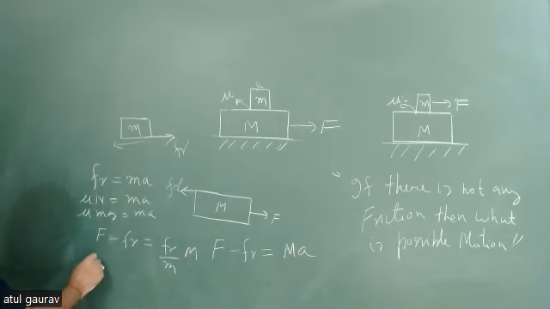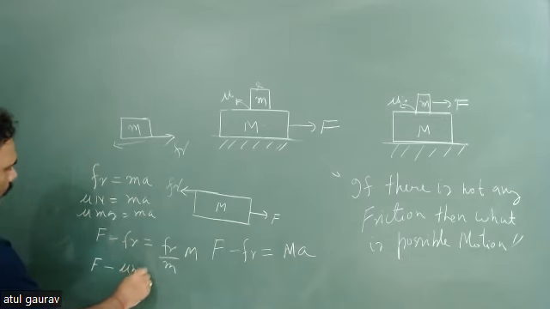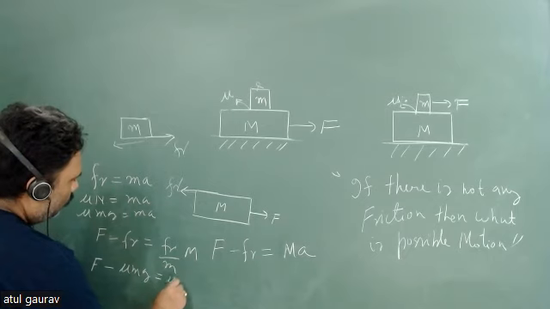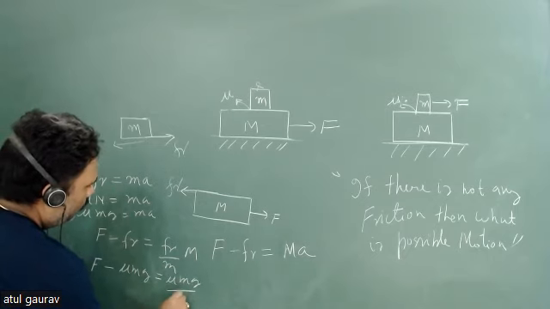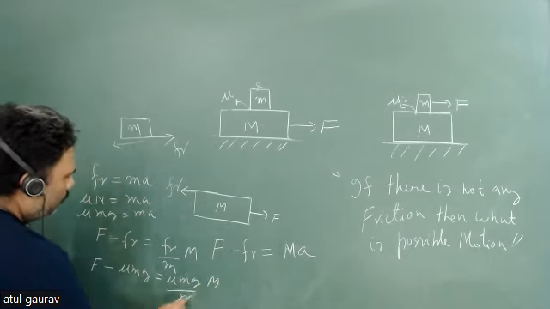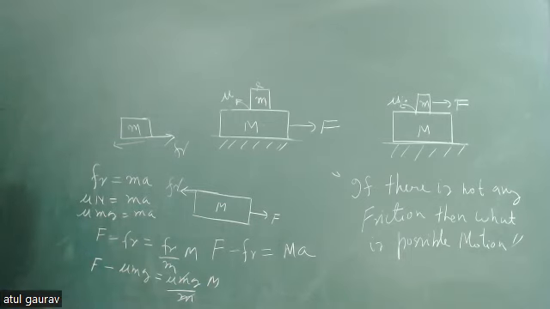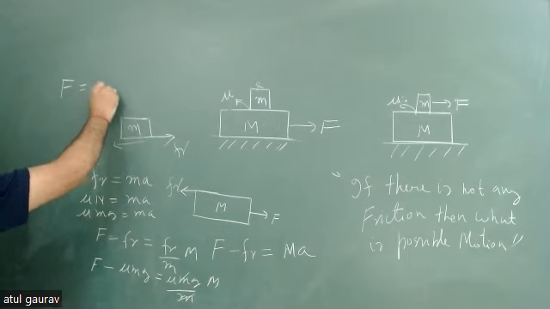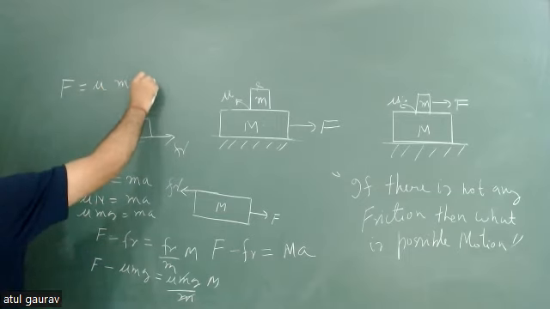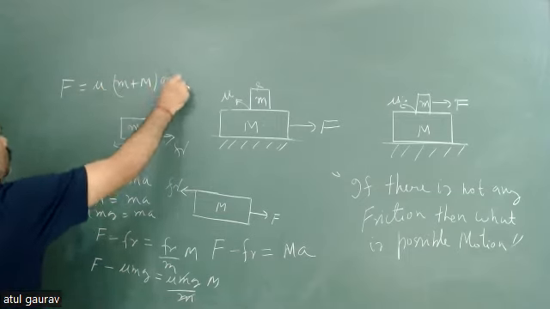So your F minus frictional force is mu mg, and that value is equal to mu mg by m into M. So what will be F? Mu into (m plus M) into g.